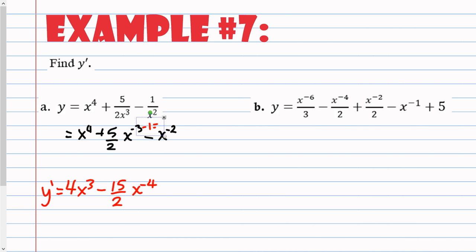And then minus, oh, but wait, if I'm going to use that exponent negative 2, and I'm bringing that to the front, that negative in front of the x and times that negative 2 is going to become positive. So 2, and then x, and I subtract 1, so that's negative 3 now. So basically this is the answer.